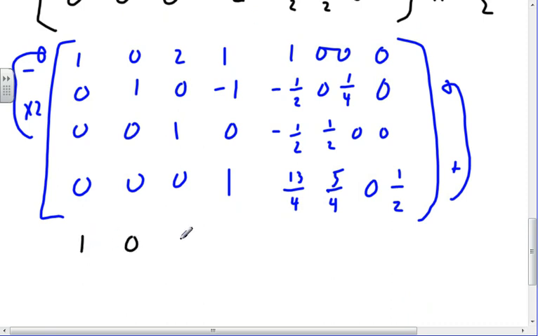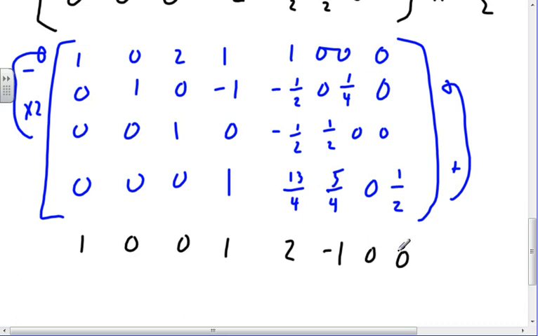One, 0, 0, 1. Times 2, subtract is a 2. Times 2 and subtract minus 1. Times 2, 0, 0.